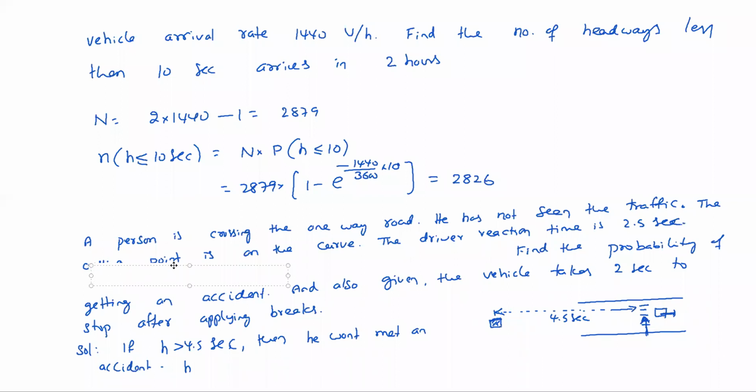Assume the arrival rate is 1440 vehicles per hour.